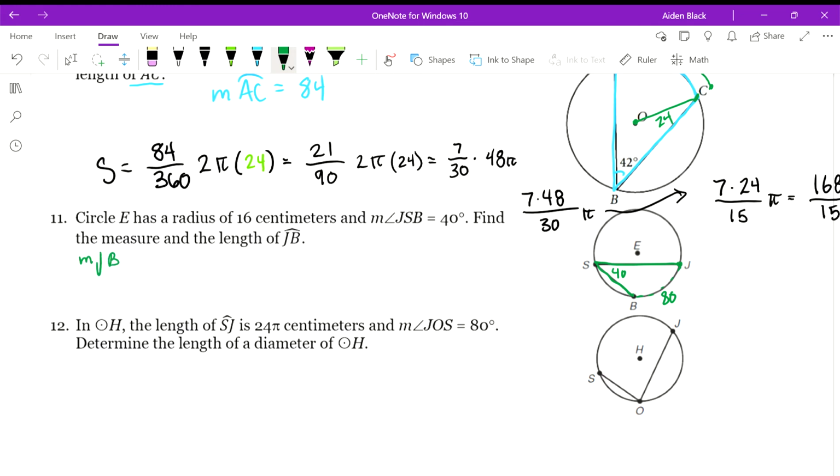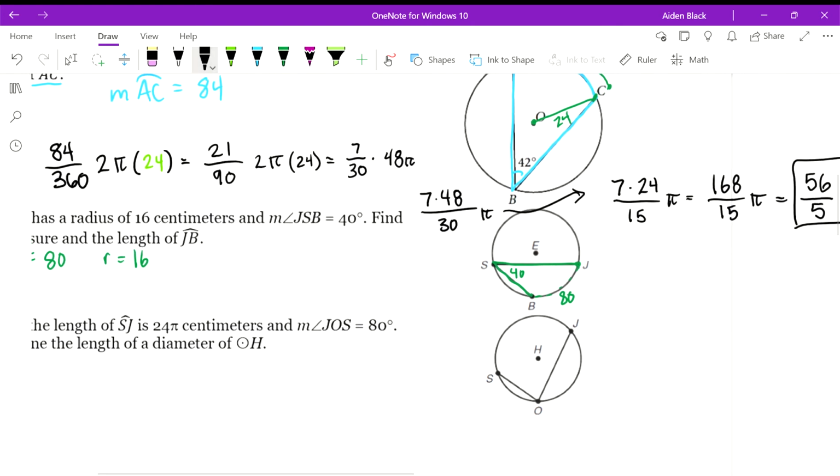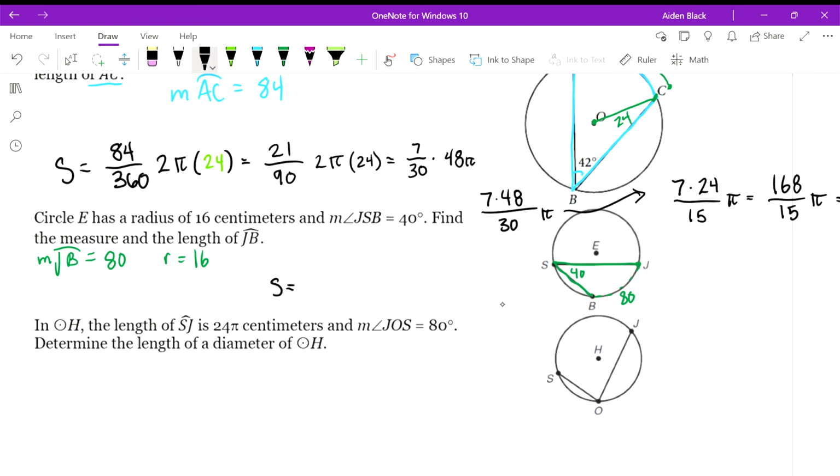The measure of JB is 80. And we know that the radius is 16. So we're ready to roll. We have our arc measure and our radius. So 80 divided by 360 times 2 times pi times r, which is 16.